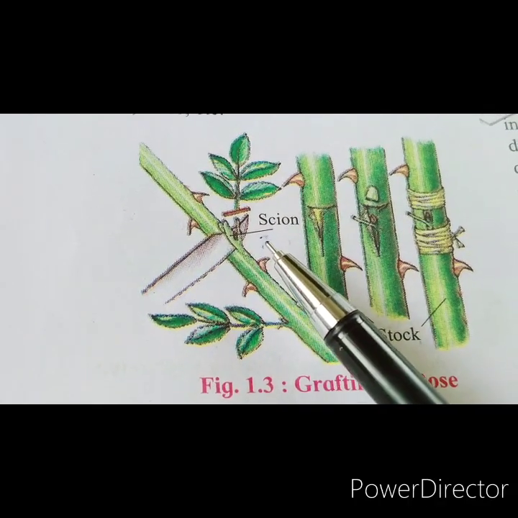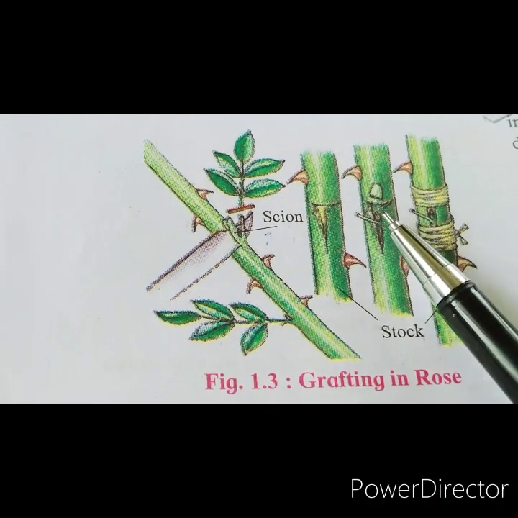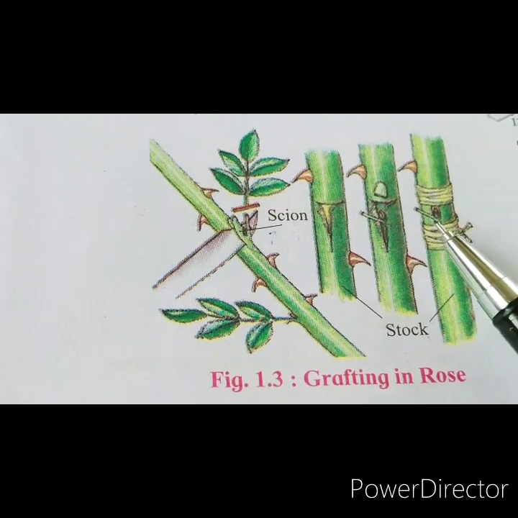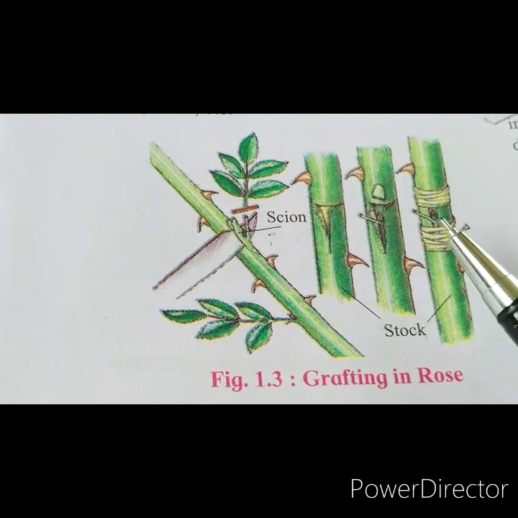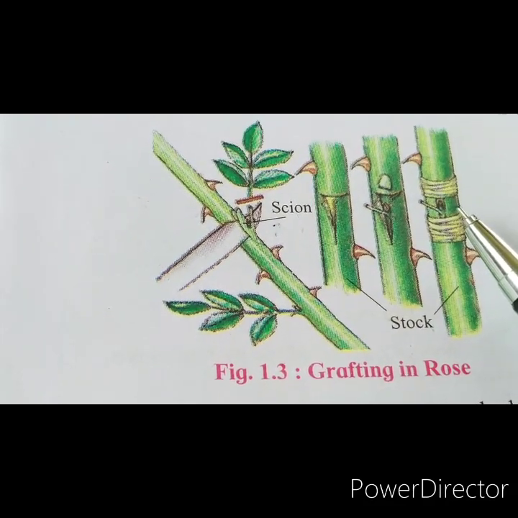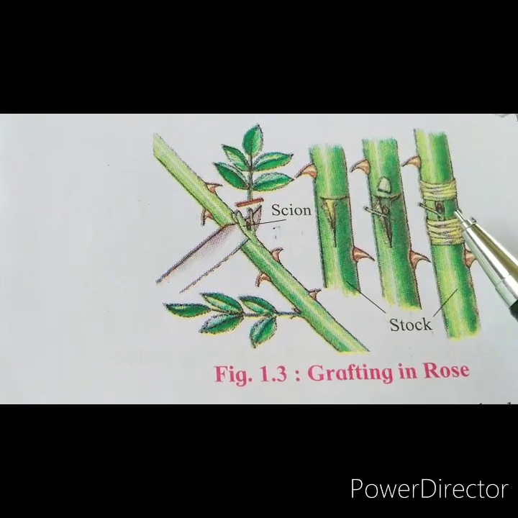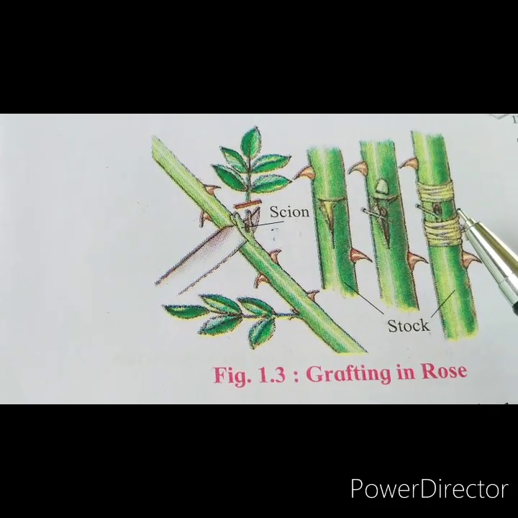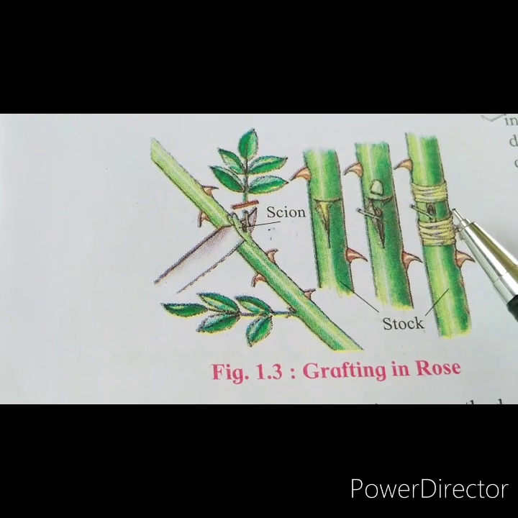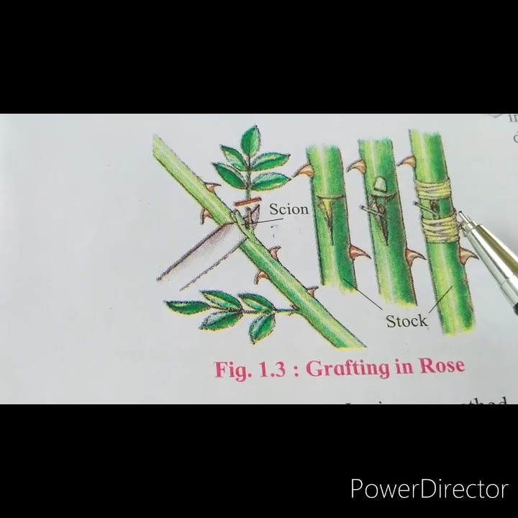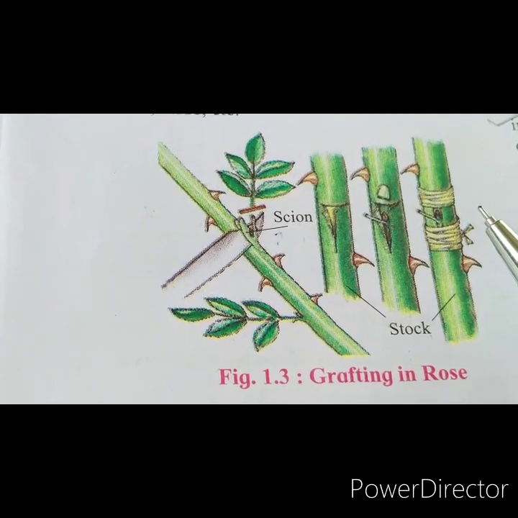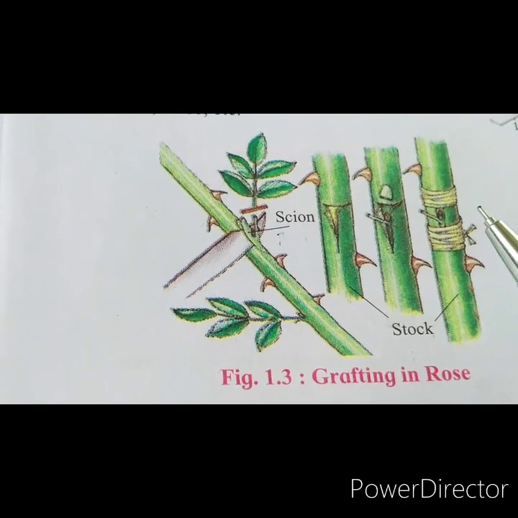Now this bud is fitted on the stock and wrapped or wound on the stock. The cambium of the stock and this bud join with each other, and in favorable conditions, this bud sprouts to produce a new plantlet.